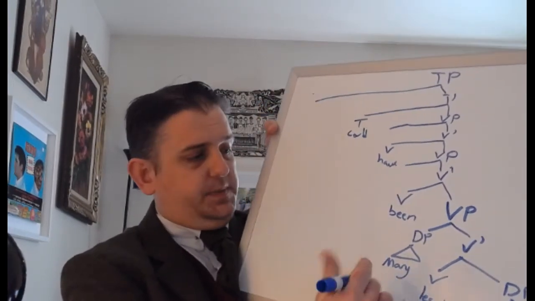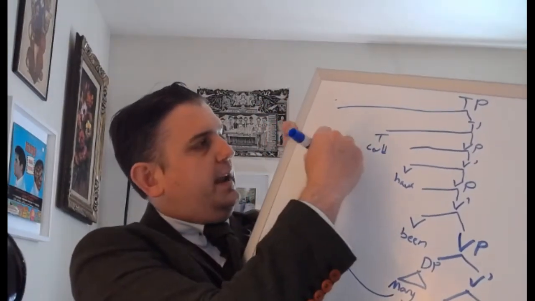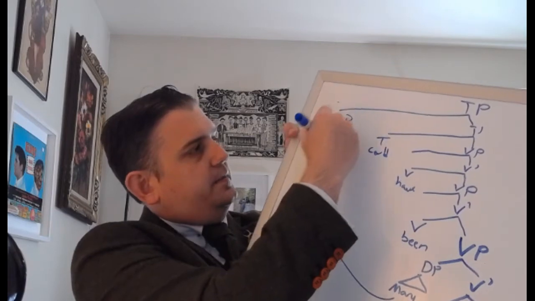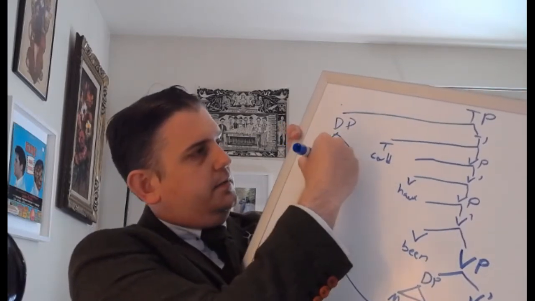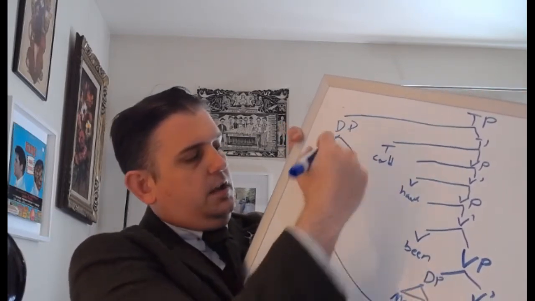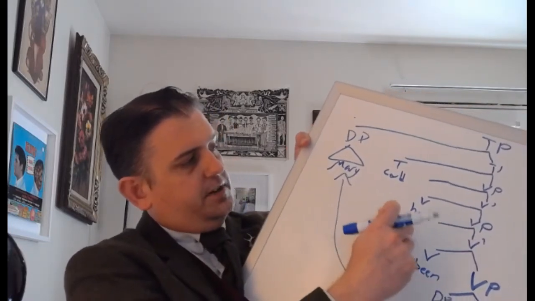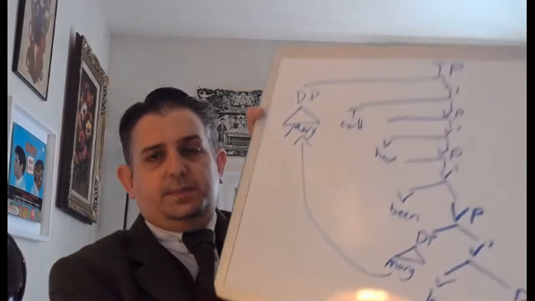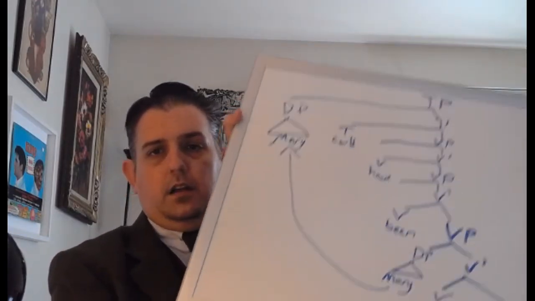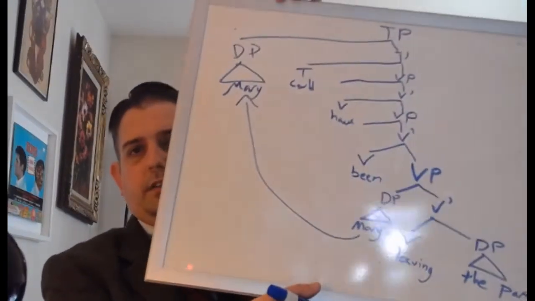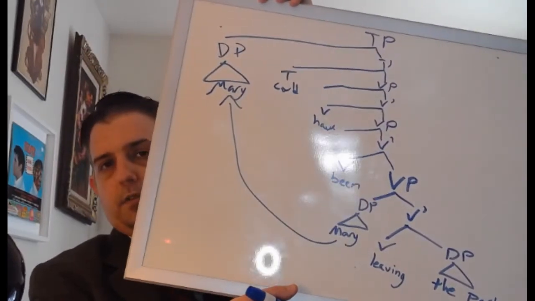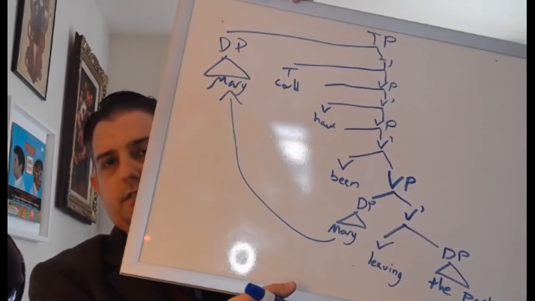This is still not a case position. So Mary will raise into the specifier of T. We will talk later on about the potential of Mary stopping off in these other specifier positions of VP. But that will come in a little bit. That'll be down the road. So here's the basic idea.